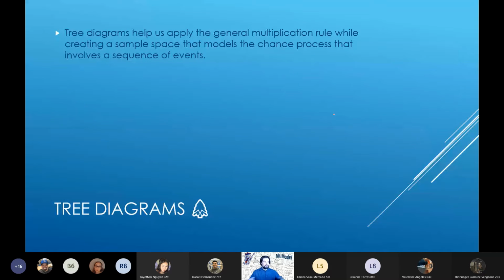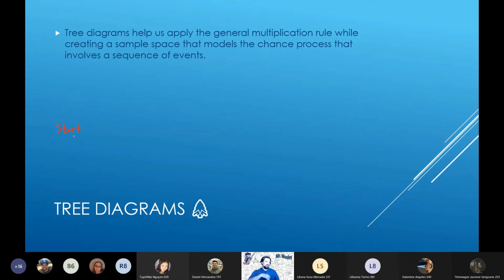So that leads us to our tree diagrams. Tree diagrams help us apply the general multiplication rule while creating a sample space that models the chance process that involves a sequence of events. So in general, a tree diagram is going to look something like this. We have some start point.